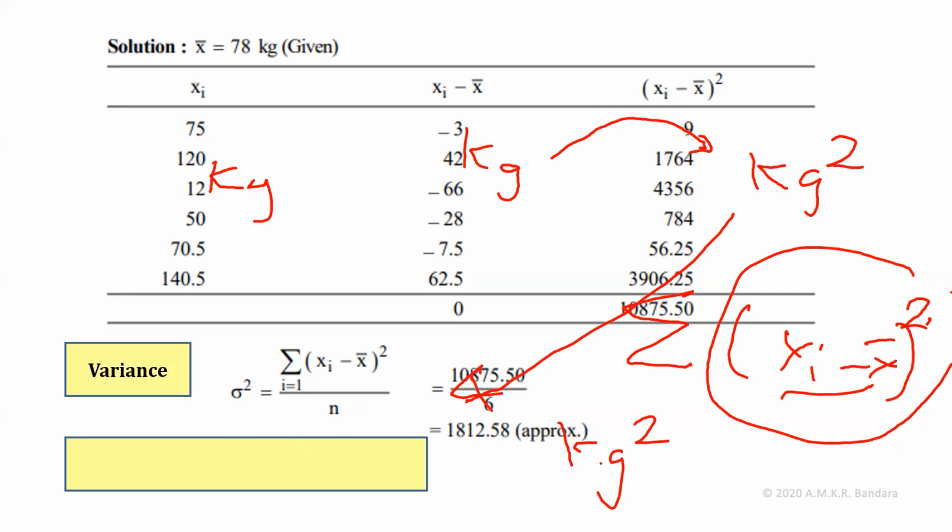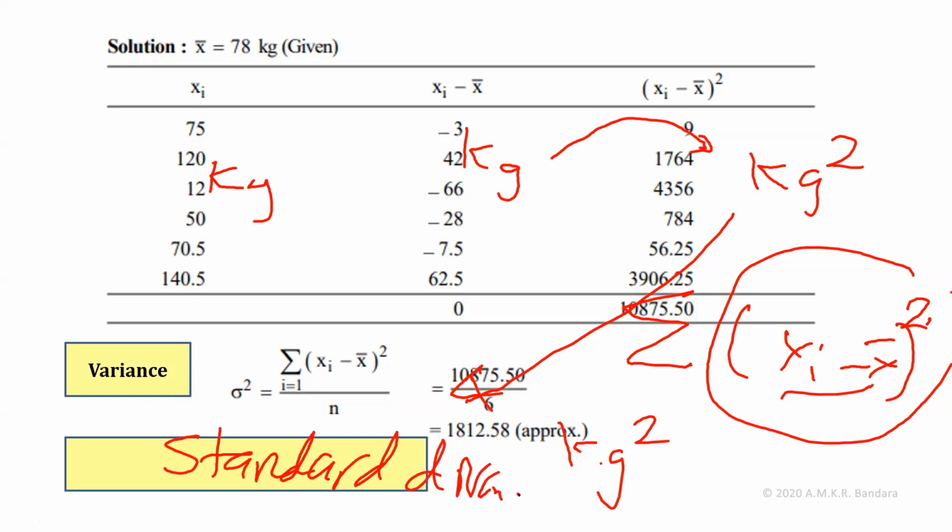It is somewhat odd. We need to represent that measure of variability using the same unit as we measured our variable. So statisticians have suggested another measure of this variability, which we call the standard deviation.